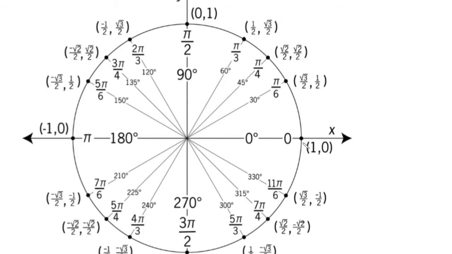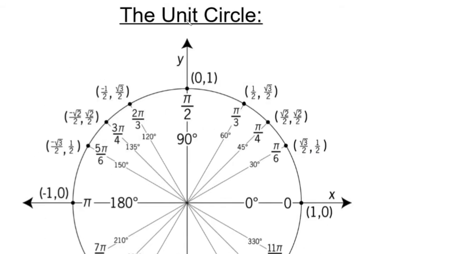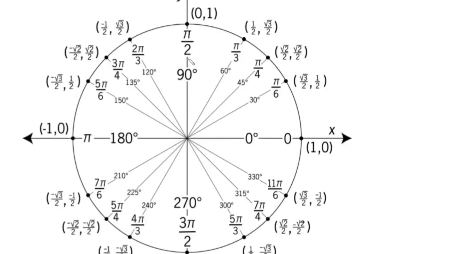It gives you the xy plot for every point on this circle that has a radius of 1. This is the reason it's called the unit circle: it is a circle with a radius of 1, right? And so from here to here is a length of 1. All the way around, it's 1 for the radius.